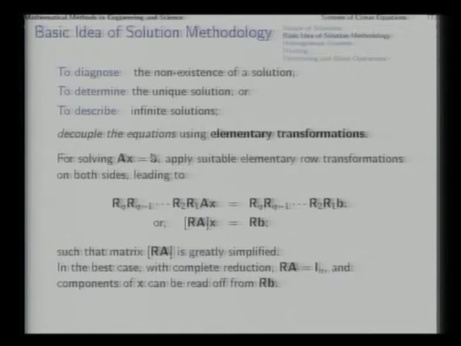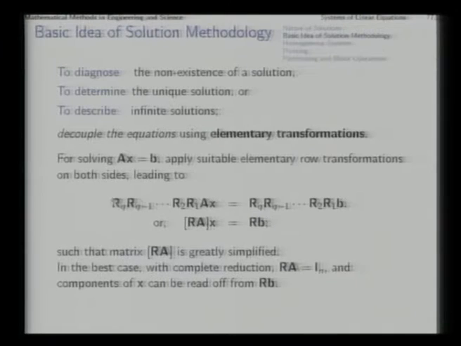Every elementary row transformation we apply on both sides is equivalent to pre-multiplication by the corresponding elementary matrix, say first R1, simplifying to an extent. Next we apply another row transformation to simplify the situation further, say R2 on both sides, then R3, then R4 and so on. Finally, a lot of elementary row transformations get applied, which means a lot of pre-multiplications with the corresponding elementary matrices.